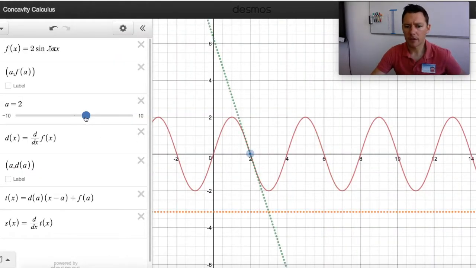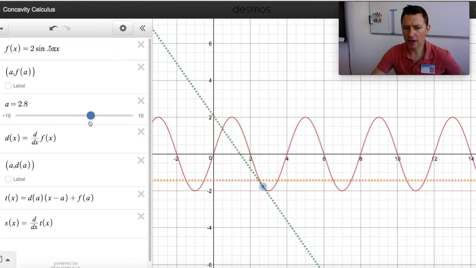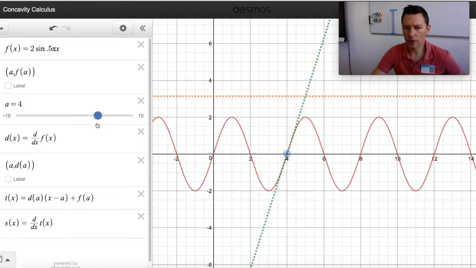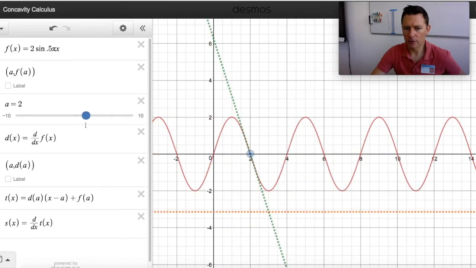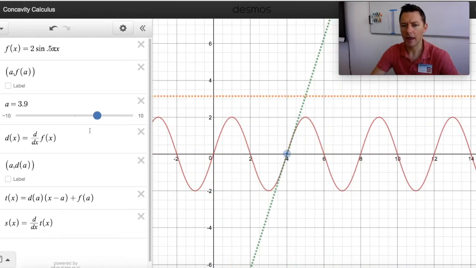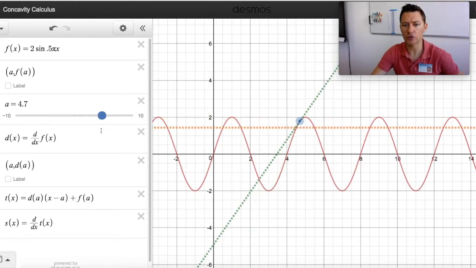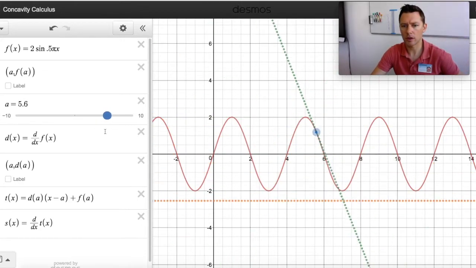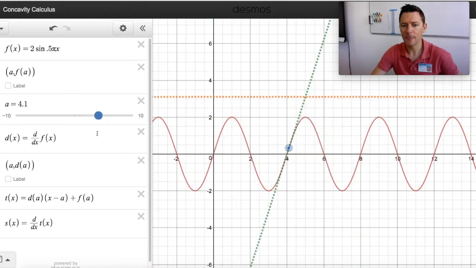Okay, if you look from here to here, you can see that there's change in the slope, right? Let's run it backwards. The slope is constantly increasing from here to here. And also from here, well, it's concave down, the slope is changing. You can see the slope falling. You can even make the sound effects.